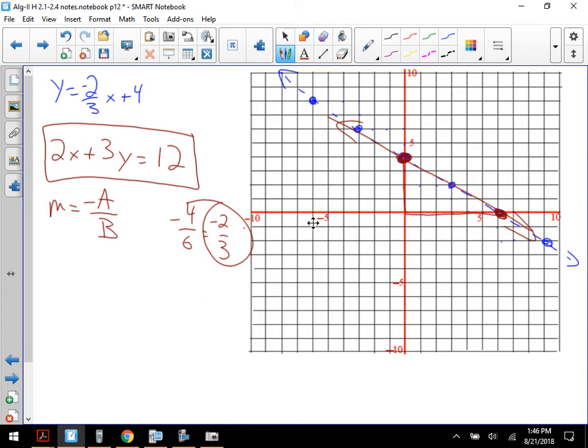Standard form is going to be your absolute best friend because next week, we're going to do stuff like this, where we'll have 4x minus 3y is less than or equal to 24. And I'm going to graph that along with 2x plus 5y is greater than 10.